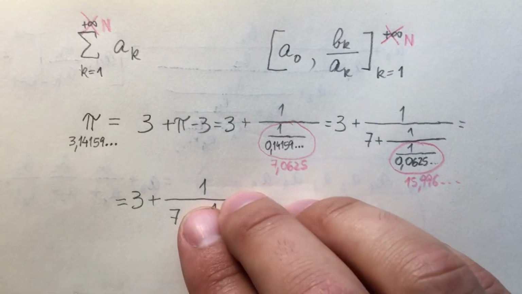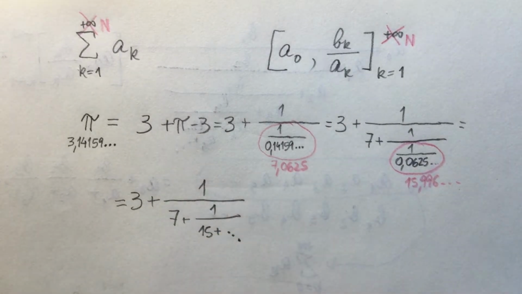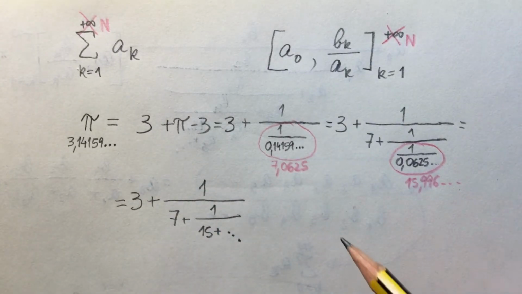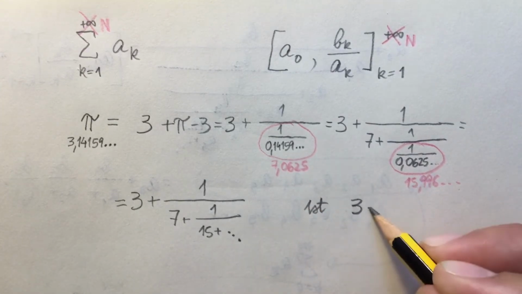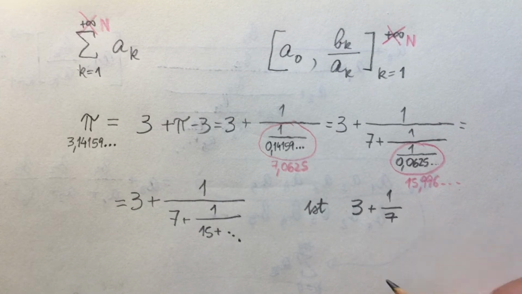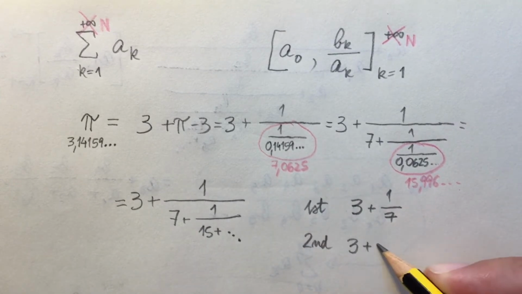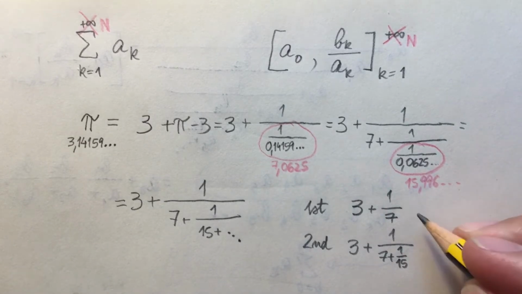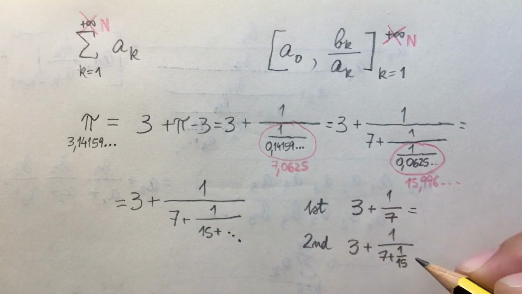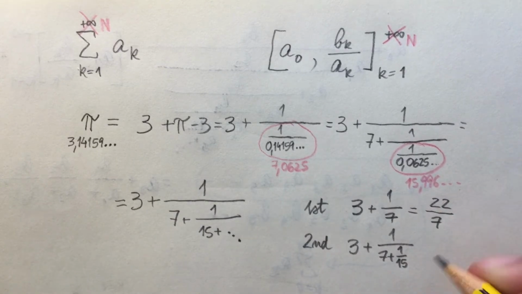Now, truncating this continued fraction will provide us a fraction which is an approximation of pi. The first two values we get are 3 plus 1 divided by 7 and 3 plus 1 divided by 7 plus 1 divided by 15. Now this, 3 times 7, 21, so we'll have 22 sevenths.